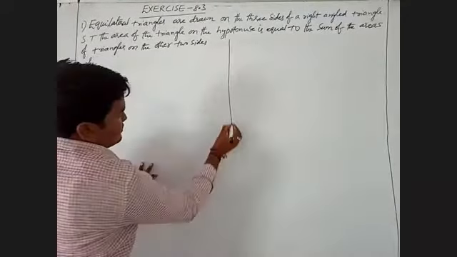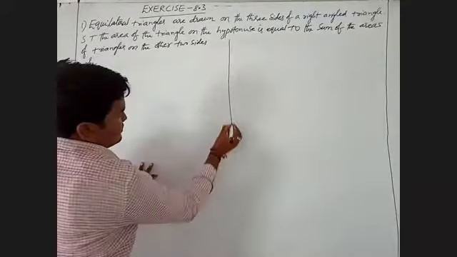This is the given right angle triangle. Name it as A, B, C. What is the statement given? Equilateral triangles are drawn on the three sides of a right angle triangle.